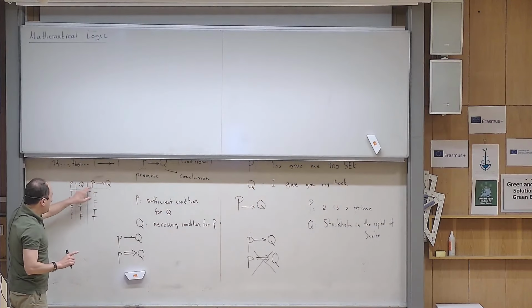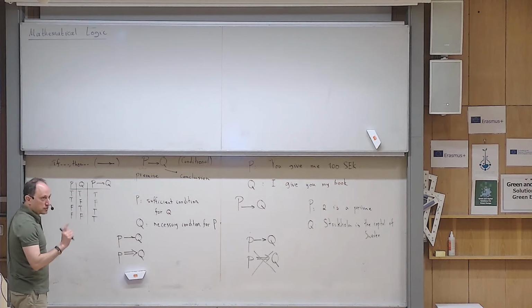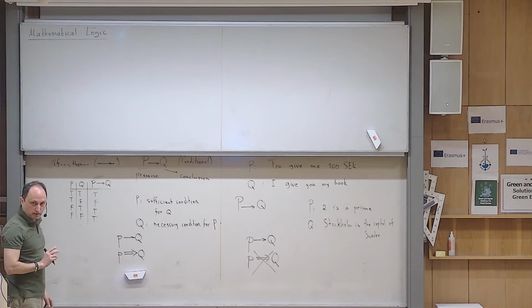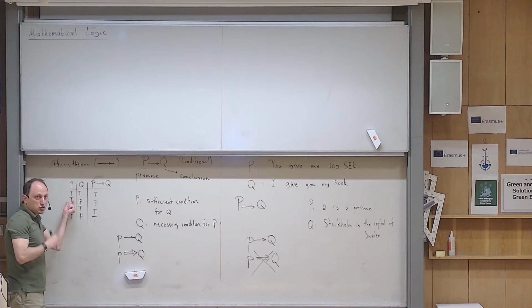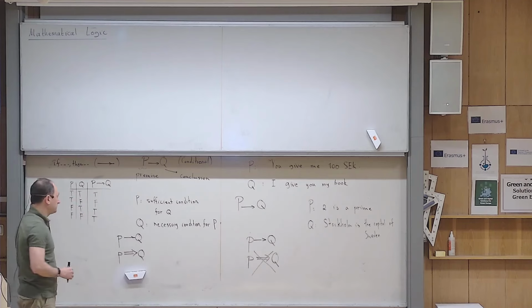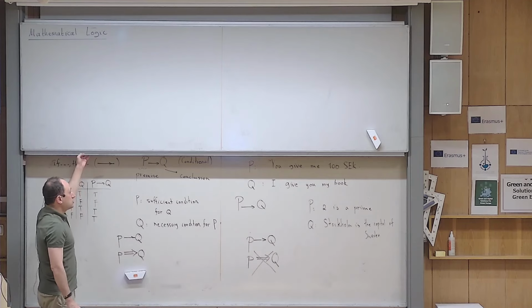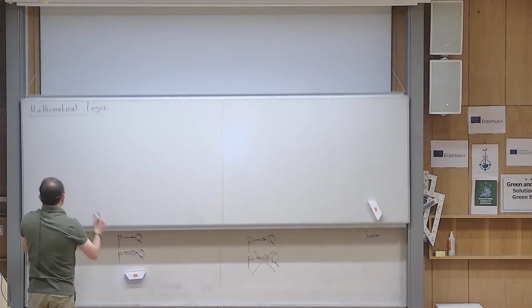If P then Q is false only under one circumstance. What is that? The premise is true, but the conclusion is false. So remember that. Now let us go to the biconditional.